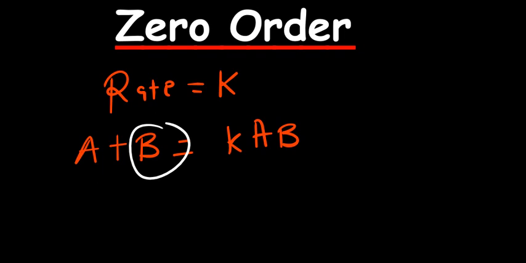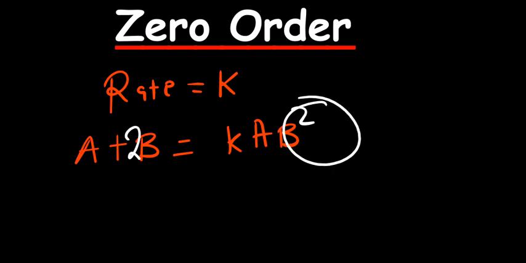Even if I added a 2 on B, we know we're supposed to square B, but we're not going to do that. Why? Because it's a zero order reaction. It is not affected by the reactant. Whatever you do with the reactant, whether you double them or halve them, it has no effect.